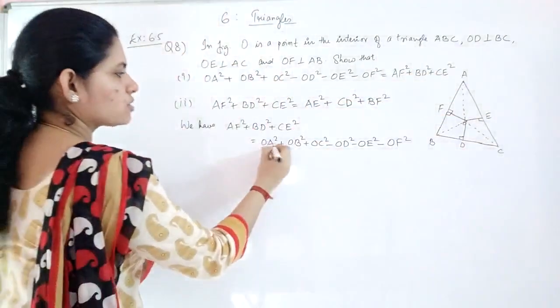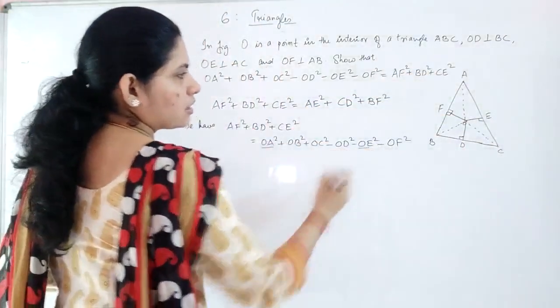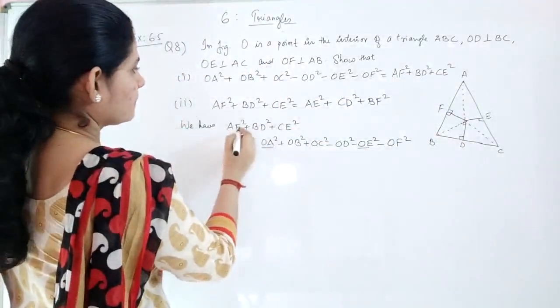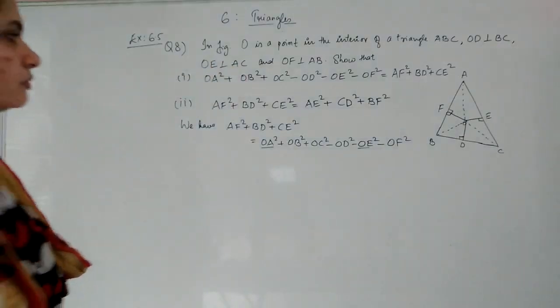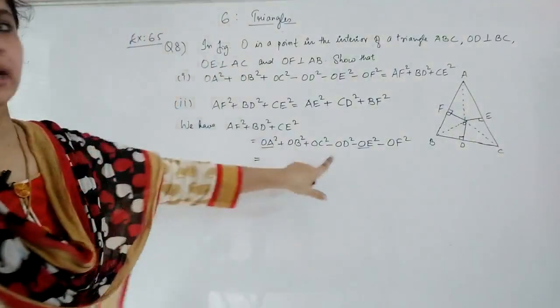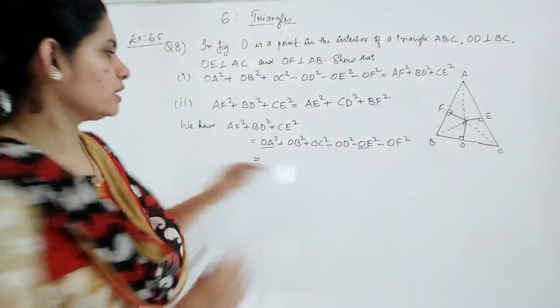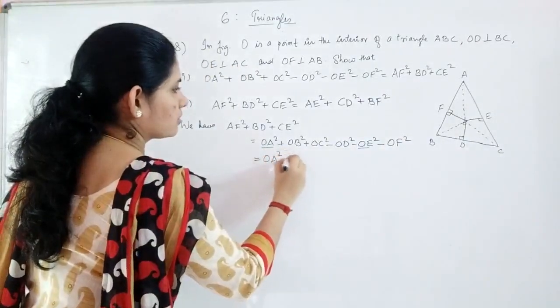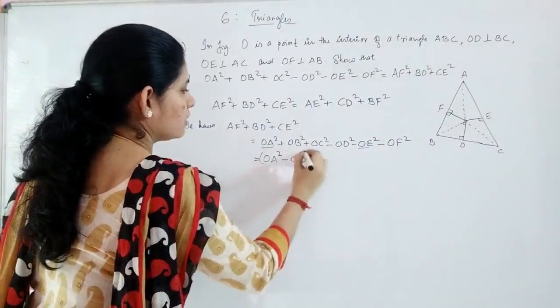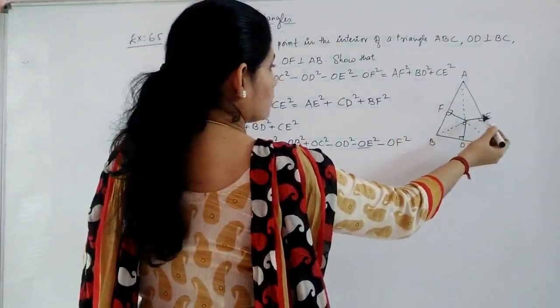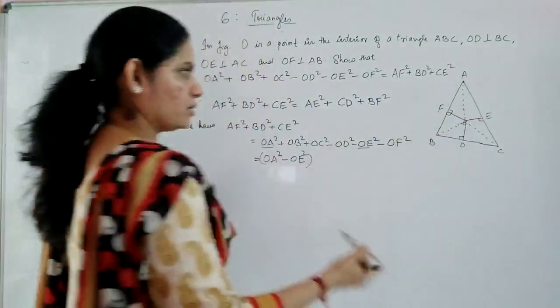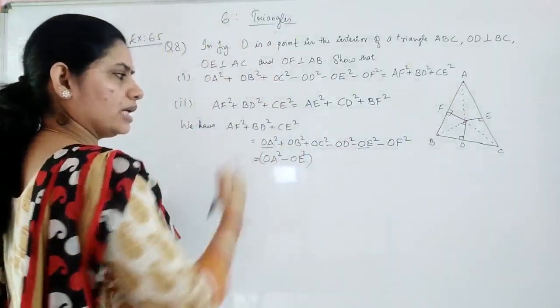So you have OA square and OE square, and OA square minus OE square will give you AE square. So in the next step, you can just replace it with AE square.